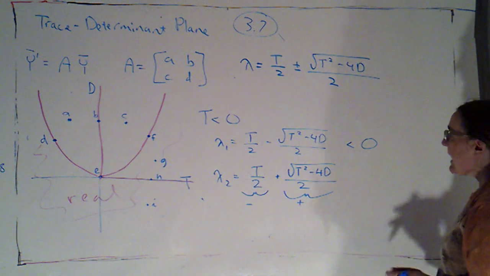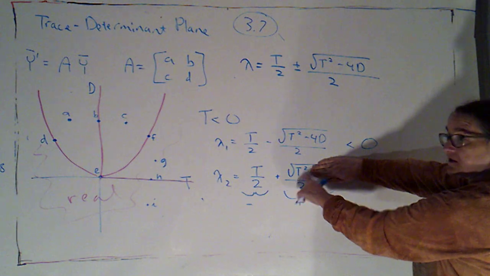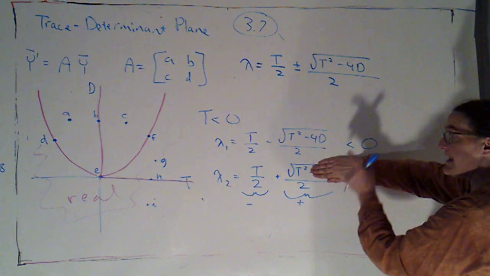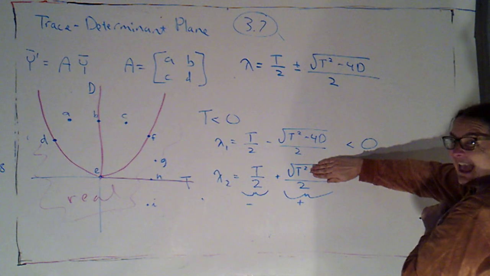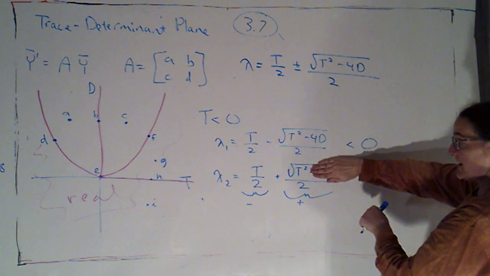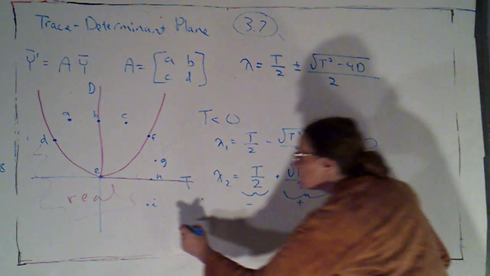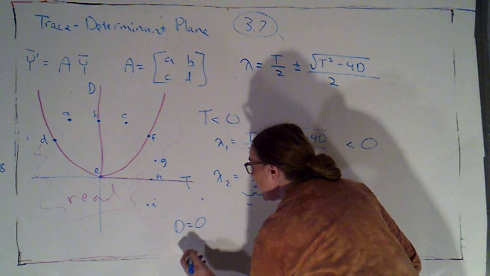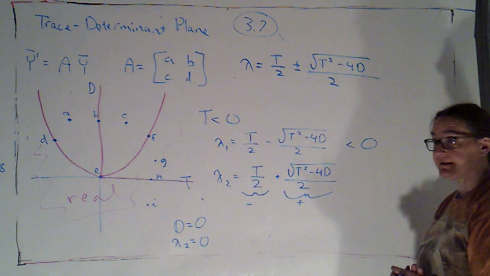Now, if D is equal to 0, this is just the square root of T squared, which would be the absolute value of T. In this case, because T is negative, that would be the opposite of T. And so these two pieces would add to give me 0. So if D is equal to 0, I'm going to get that lambda 2 is equal to 0.